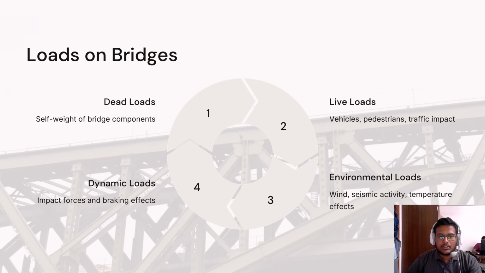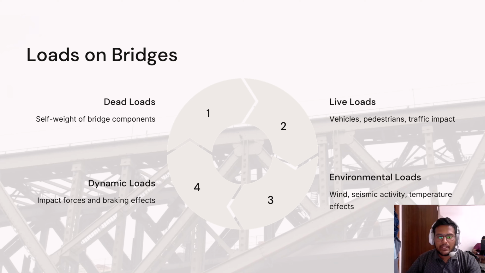Next is loads on bridges. A bridge must withstand multiple types of loads. First is dead load. Dead loads are the structure's own weight, basically the self-weight of the structure. Second is live load.